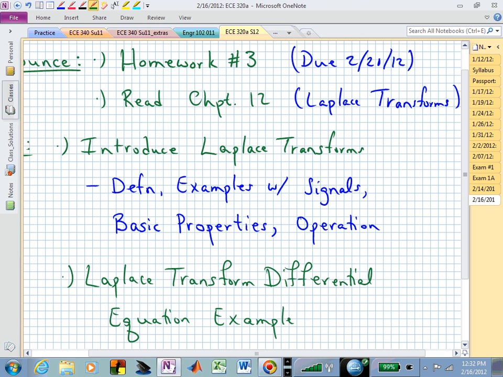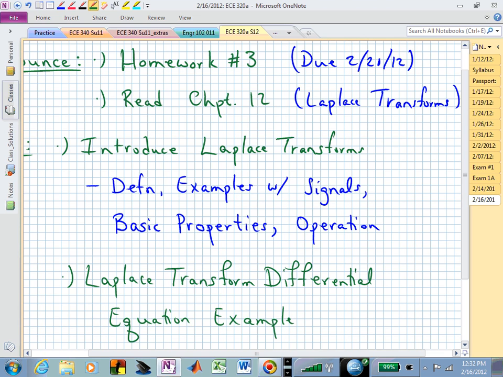So now we're going to be working with time domain and frequency domain. And we'll be moving back and forth between those. We've already worked in the frequency domain with omegas and sinusoidal steady state. What we want to do is start putting everything together and allowing for transient behavior in addition to steady state behavior.